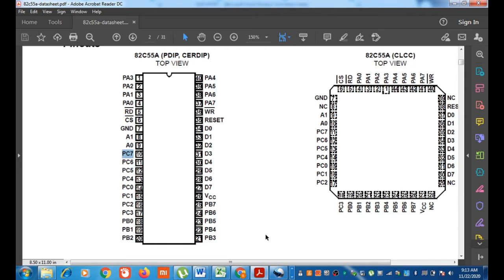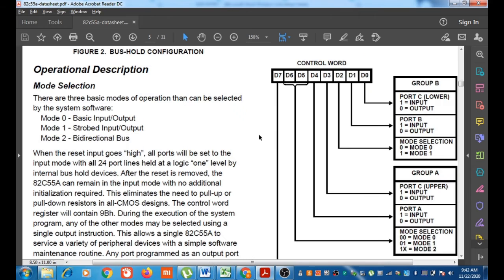It is used when an I/O device receives or sends data sometimes, like your hard disk. Mode 0 is called basic input output. Mode 1 is called strobed input output. Mode 2 is called bidirectional bus.